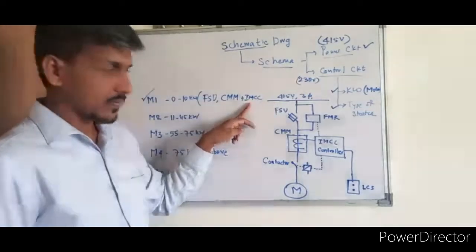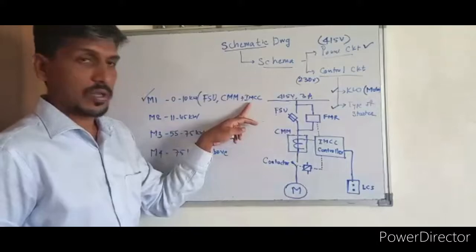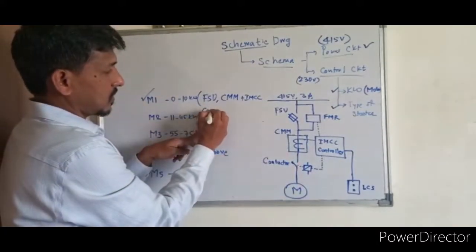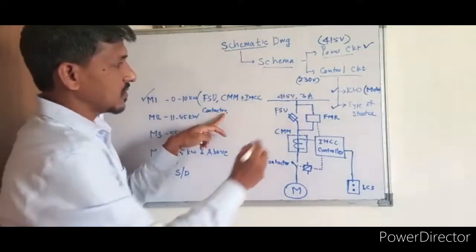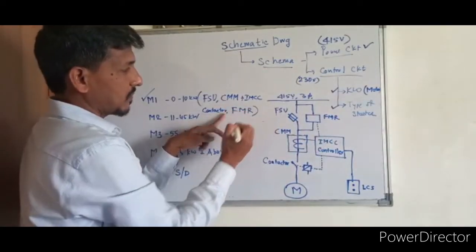IMCC is a controller. Then there is a contactor, this is your power contactor. And this is your FMR. FMR is your fuse monitoring relay.